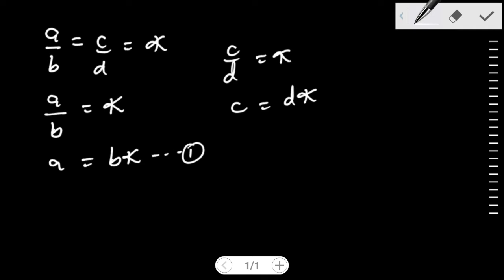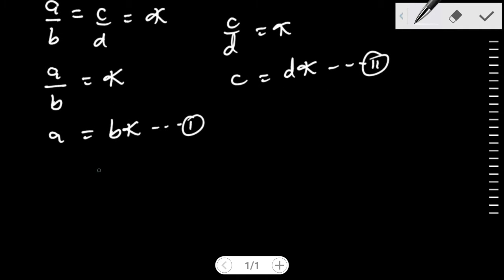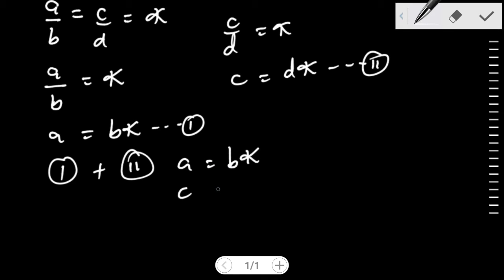Now, suppose I add both of these, say equation 1 plus equation 2. I have A equals BK and C equals DK.